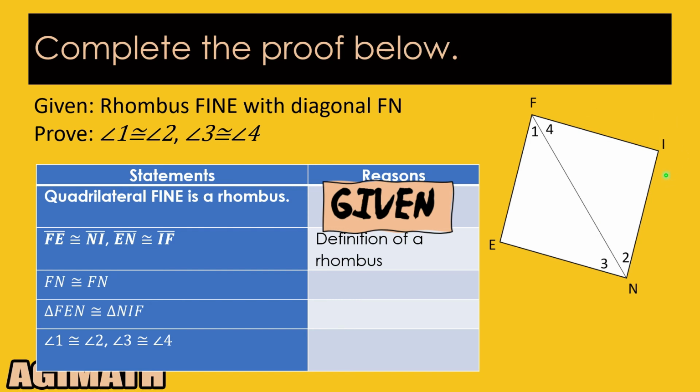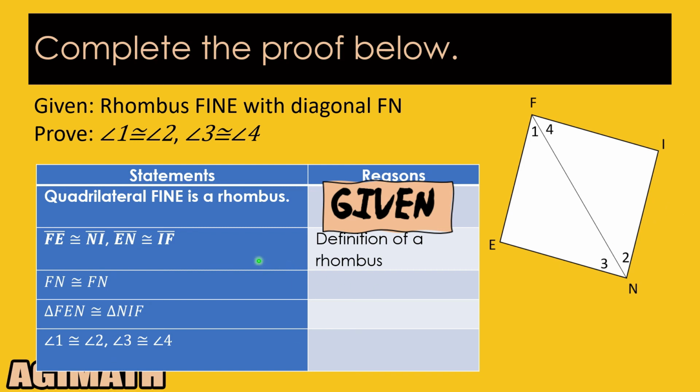For this, you can have a lot of reasons. You can have definition of a rhombus, or the property of a parallelogram which says opposite sides are congruent. You can also have definition of a rhombus because for a rhombus, all the sides are congruent. And since it's given, we just follow definition of a rhombus because they are opposite sides. Now, why are we doing this one?